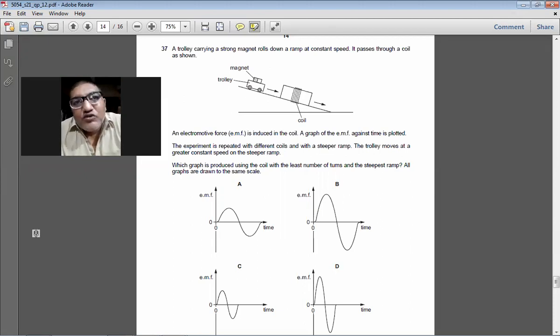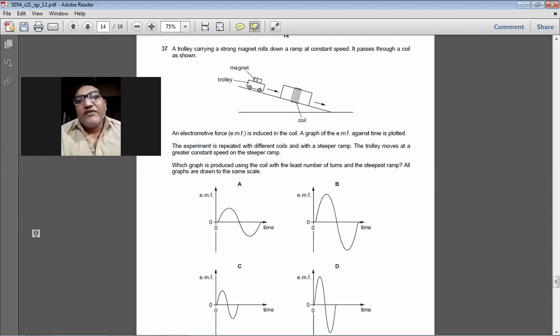An electromotive force EMF is induced in the coil. A graph of the EMF against time is plotted. The experiment is repeated with different coils and with a steeper ramp. So when you make the ramp steeper, the trolley will move faster.